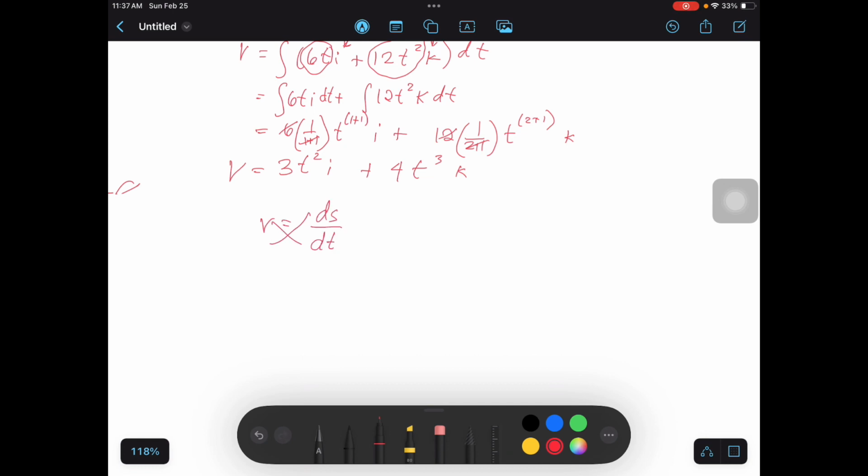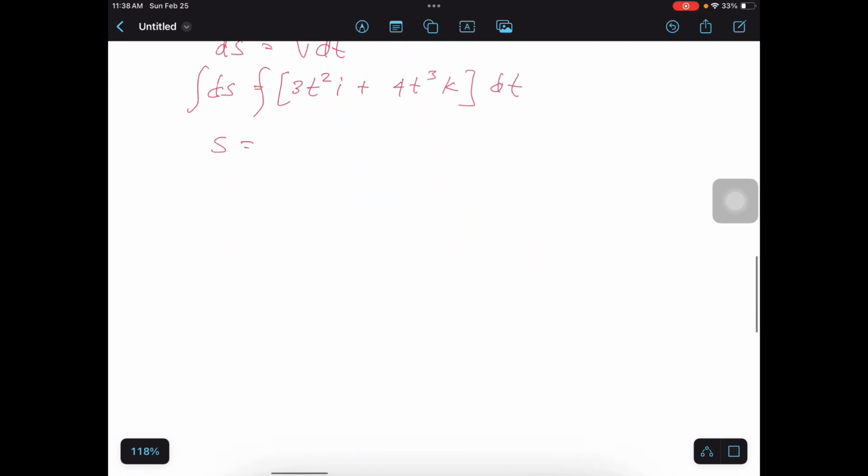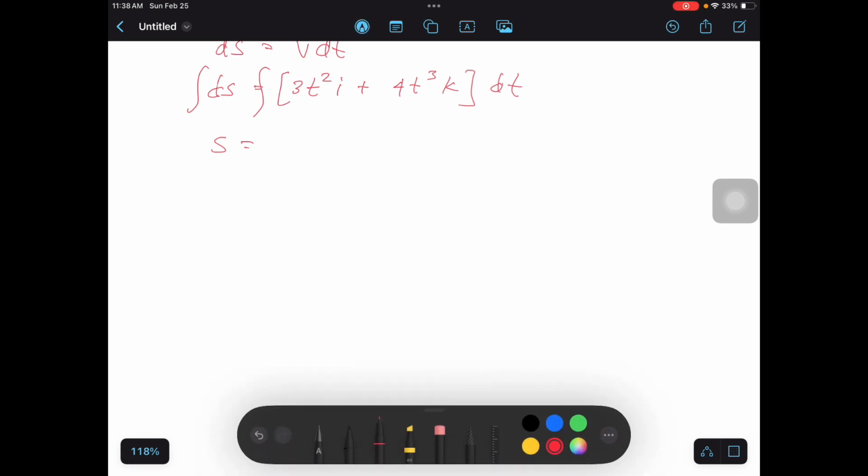Integrate natin siya ulit. So, ds equals what is our function for v? It's 3t squared i plus 4t cubed k dt. So, integrate mo yan. This will be your s. So, integrate natin to.